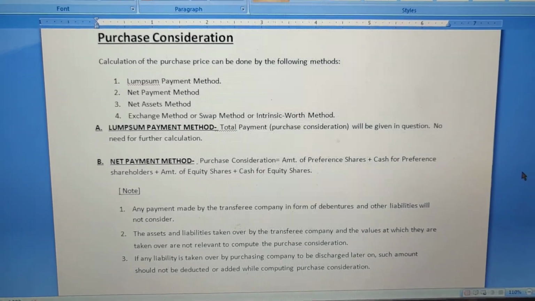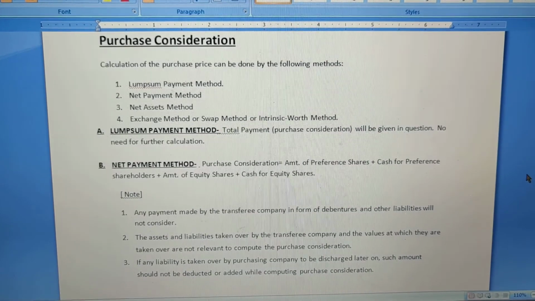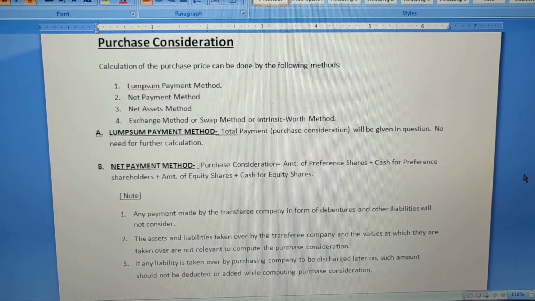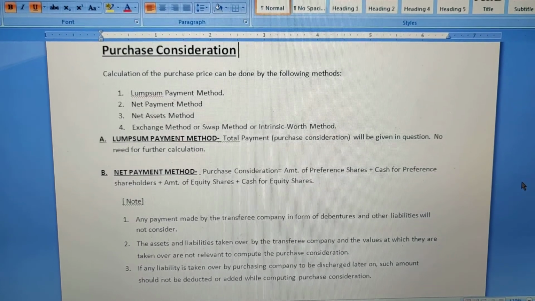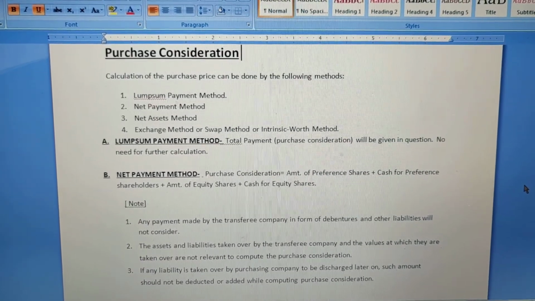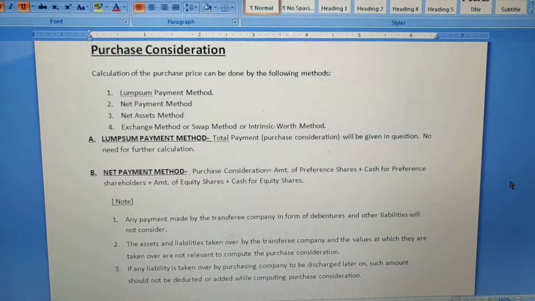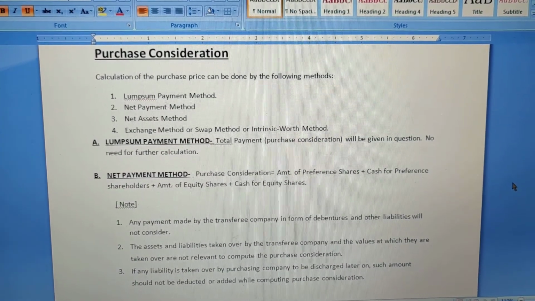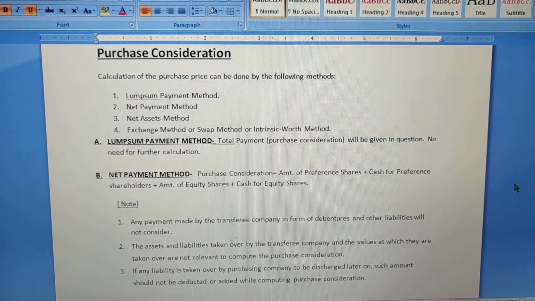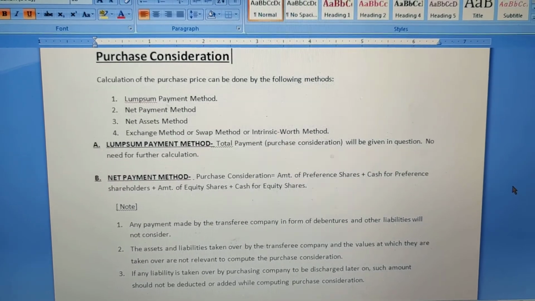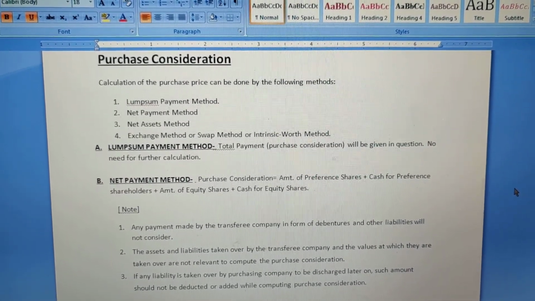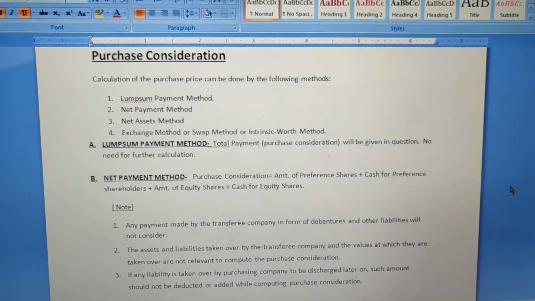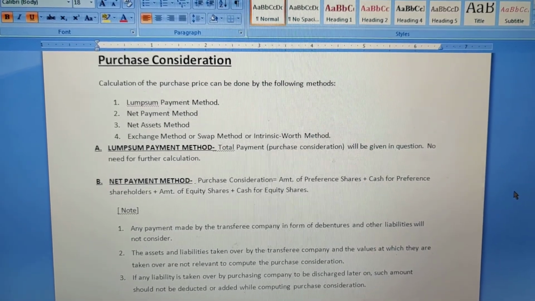It is the easiest method, and you have nothing to calculate under it, since the total payment, the purchase consideration the purchasing company is giving to the selling company, will already be given in the question. So you don't need to do any further calculation.